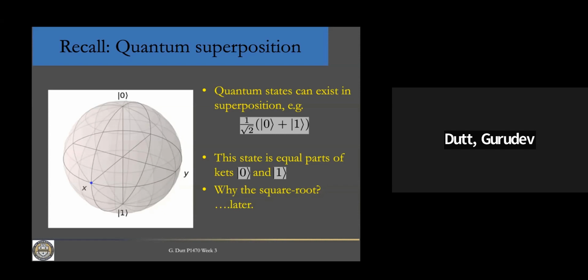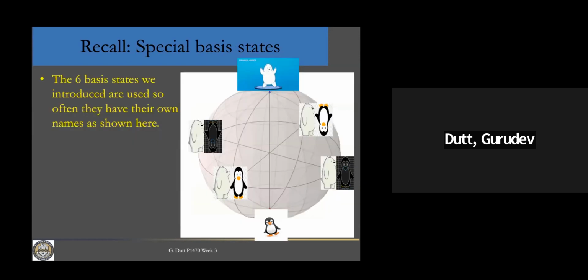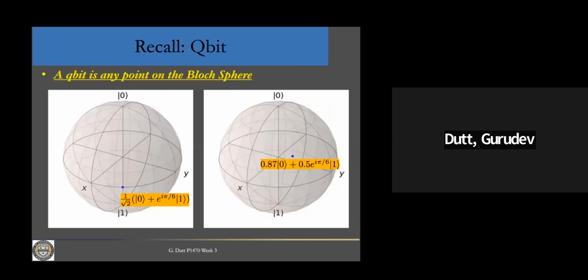So we have superposition, we talked about that last class, and we introduced several basis states. So 0 and 1, which are the north and the south poles. We had 0 plus 1 over here, 0 minus 1 over there, 0 plus i times 1, where i is the imaginary number, square root of minus 1, and then 0 minus i times 1 is on that side of the Bloch sphere.